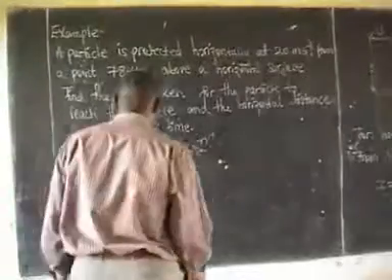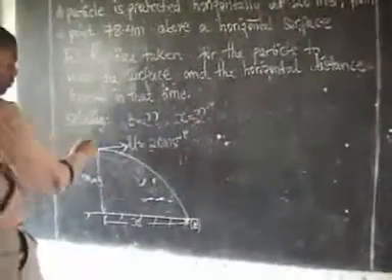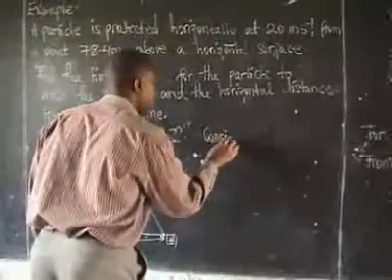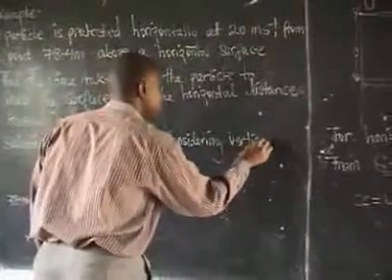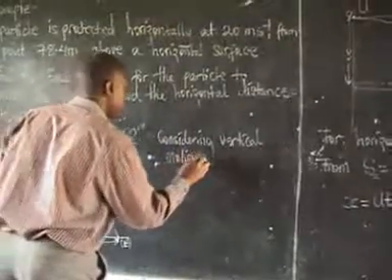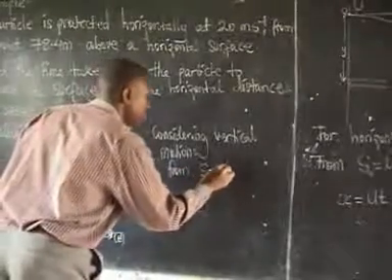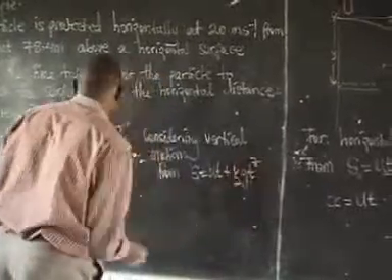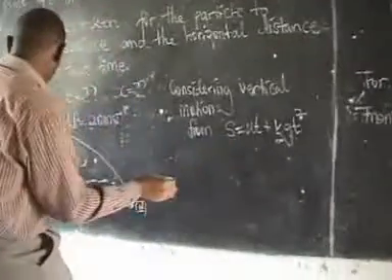So in order to determine x, for vertical motion, considering vertical motion, from S is equal to ut plus a half gt squared. Now my S is going to be the y.